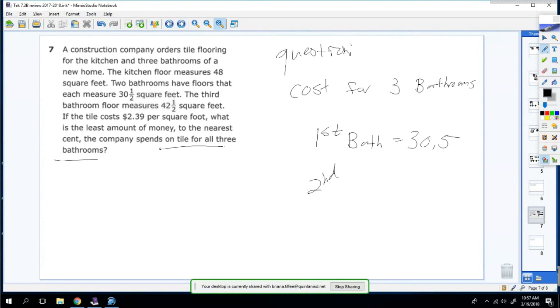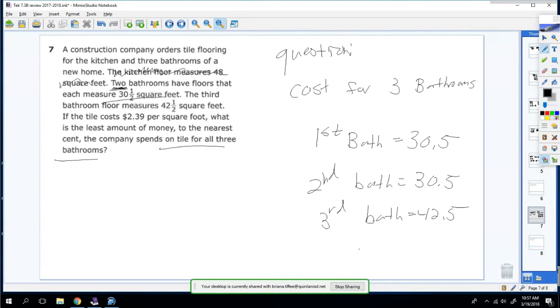The second bathroom is also going to be 30.5. And the reason why is because it says 2 bathrooms have each measures 30.5. And the third bathroom equals 42.5. So that means I don't even need to know my kitchen.